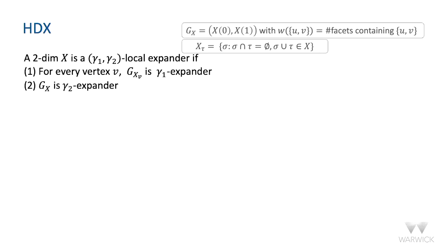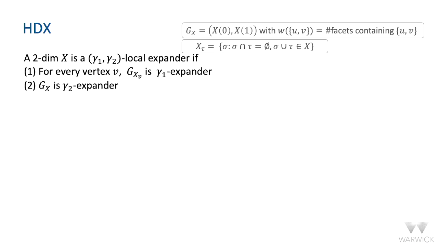Now I can tell you about high-dimensional expansion and eigenvalues. Let's say you have a 2-dimensional simplicial complex. We say it's a (gamma 1, gamma 2) local expander if the link of every vertex is a gamma 1 expander. The link of every vertex itself is a graph, right?